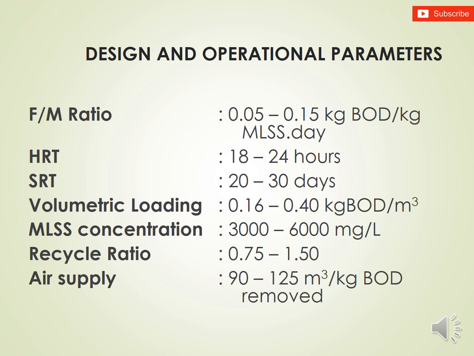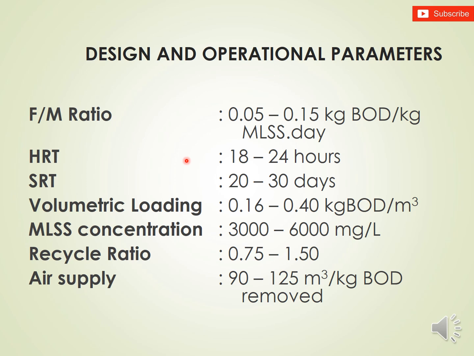And the design and operational parameters, as we can see here, are quite different from the conventional activated sludge. First, the F/M ratio. F/M ratio is lower compared to the conventional activated sludge, and here it is allowed for the microbes to grow slowly, and that makes the hydraulic retention time quite higher.